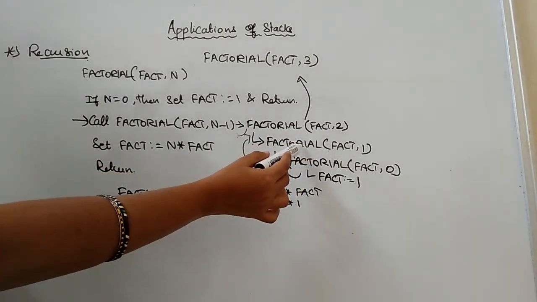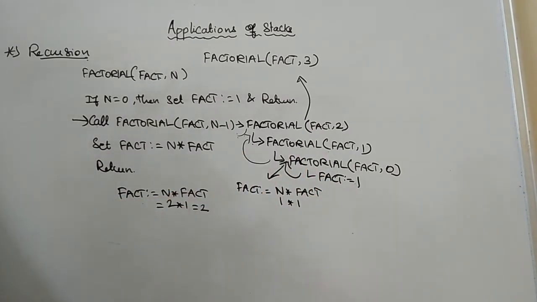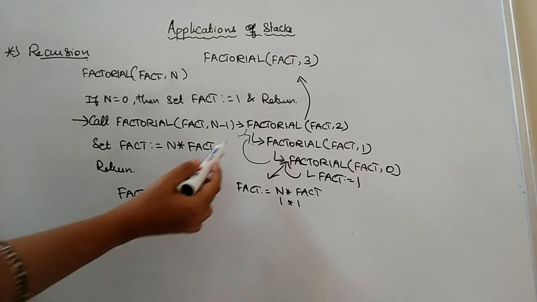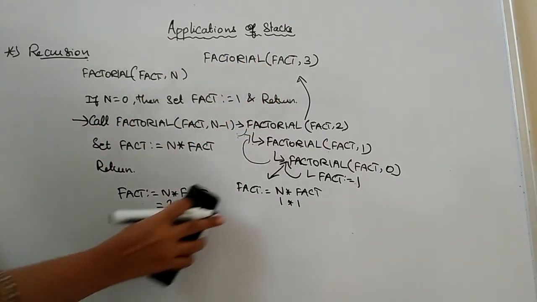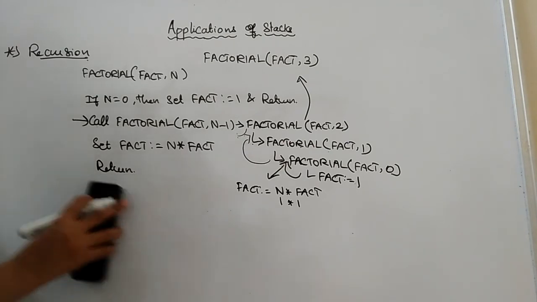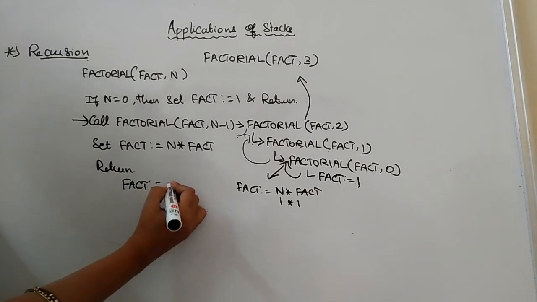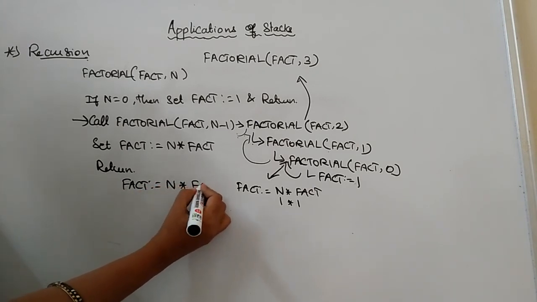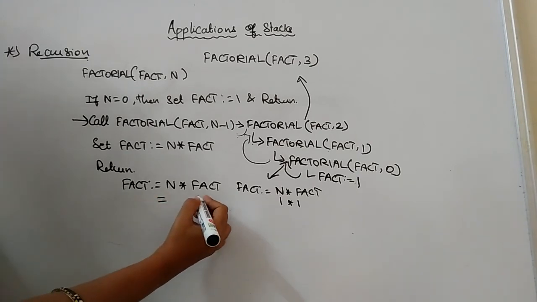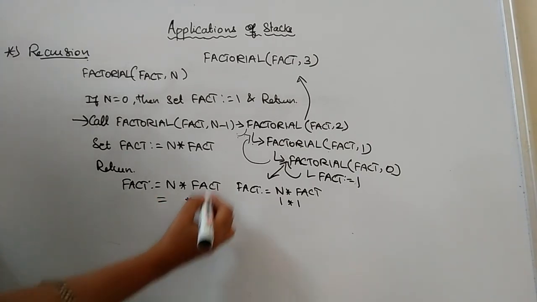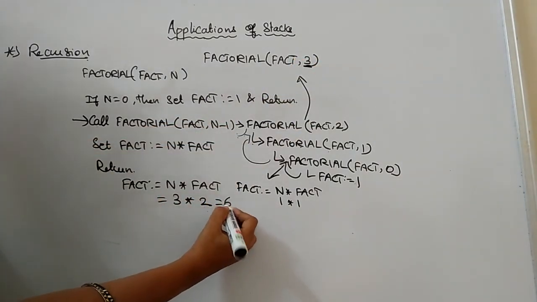And within factorial of 1, you called factorial of 0. That's why the value returned here is used to calculate fact again. What's the previous value of fact? That's 2. And what's the value of n here? 3. So 3 into 2 is 6.